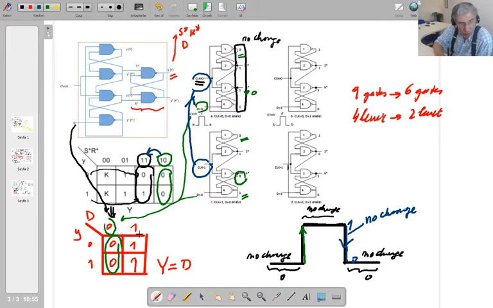So what about this? Is it also true for the input D equal to 1? So D input to 1, make a yellow then. D equal to 1. So examine D equal to 1 for this time interval.